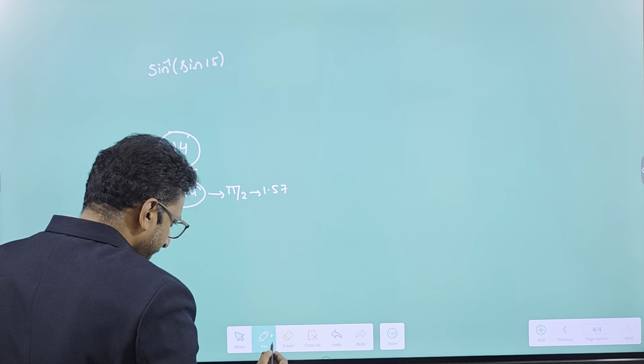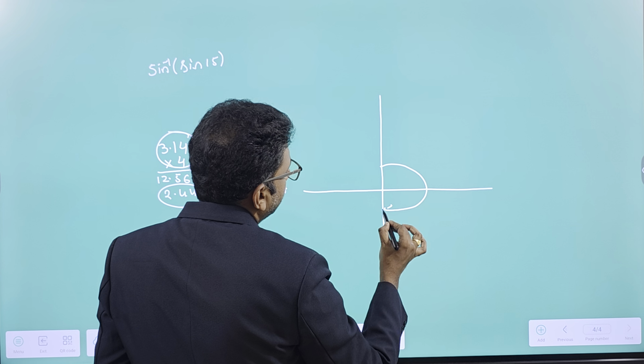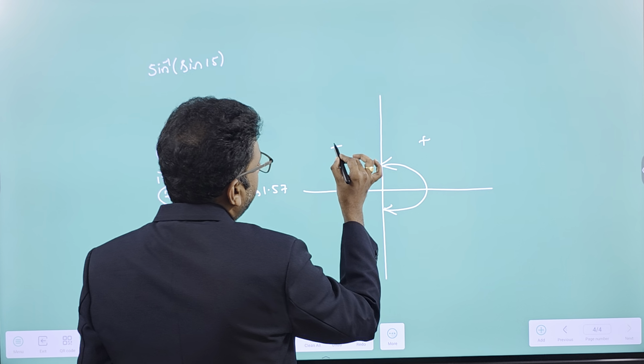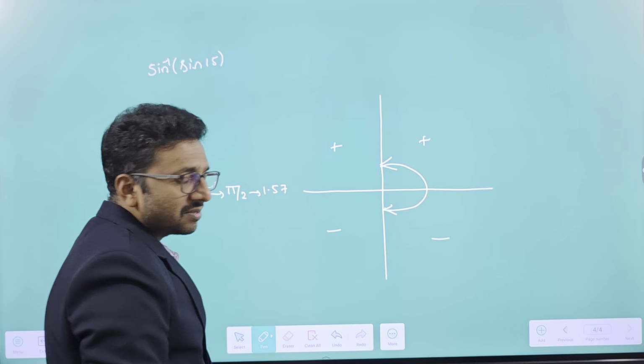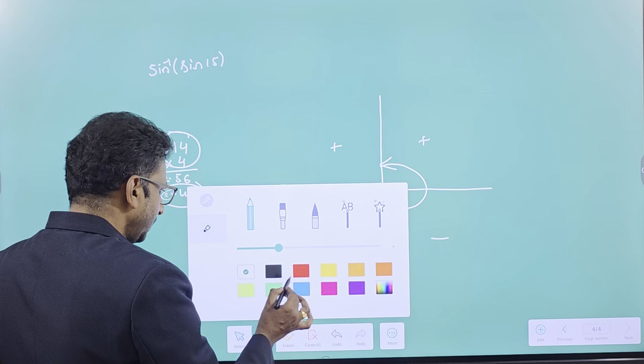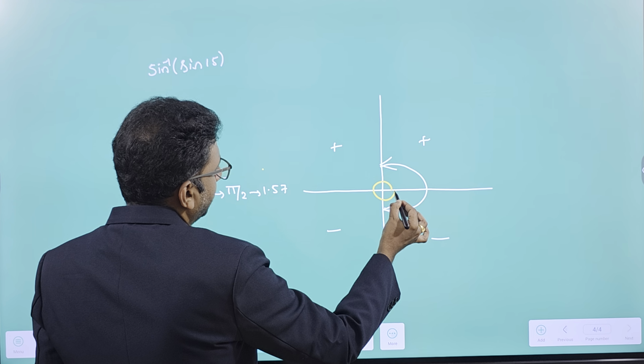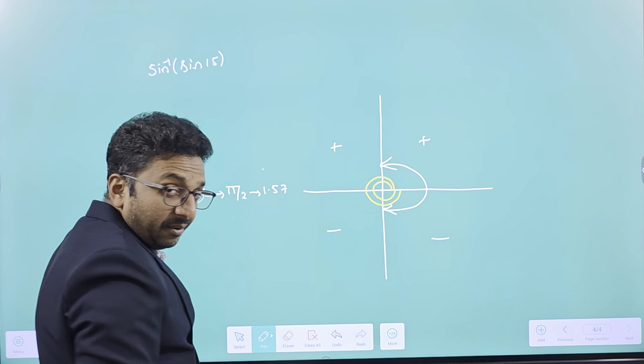So let us go for the quadrant diagram of sine inverse of sine. Plus, plus, minus, minus. So now let us rotate this. So 15 radians. So 2 pi, 4 pi.